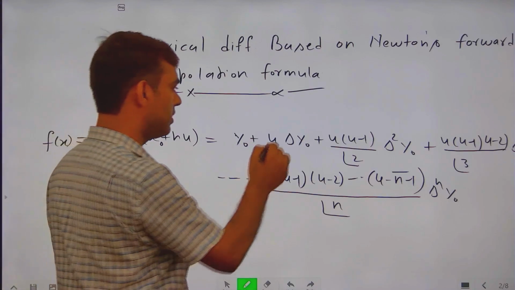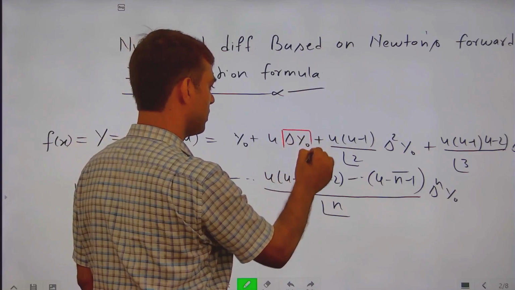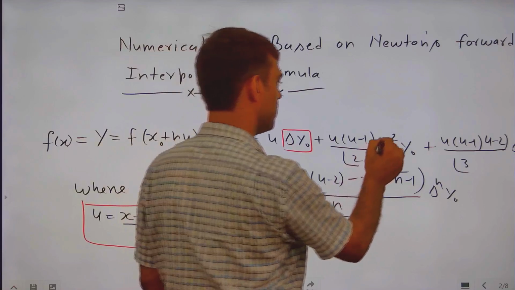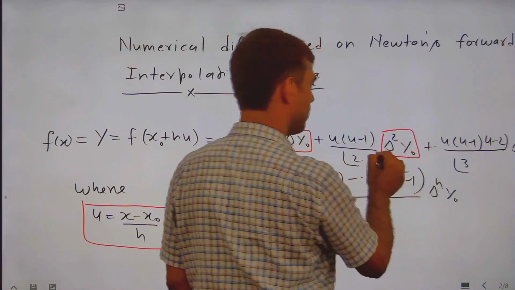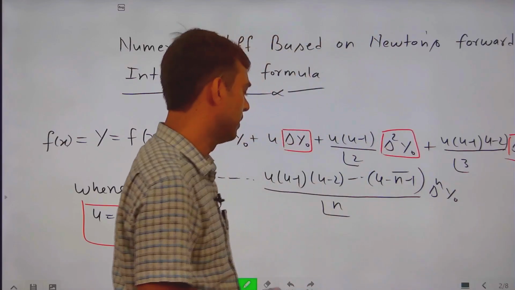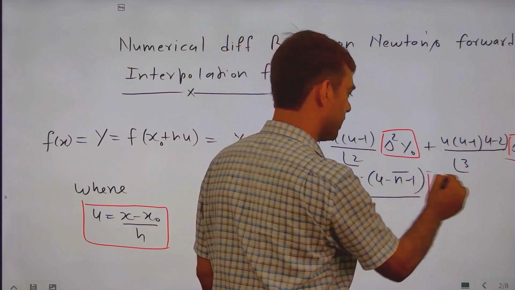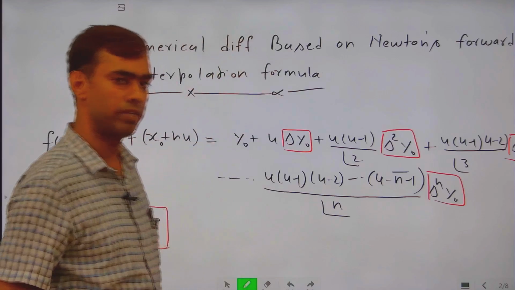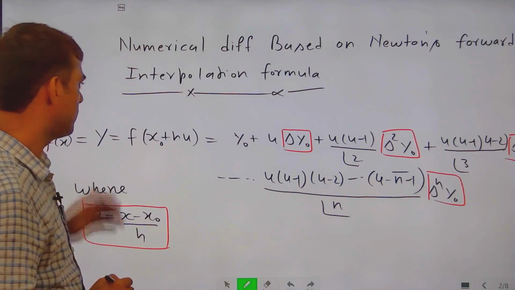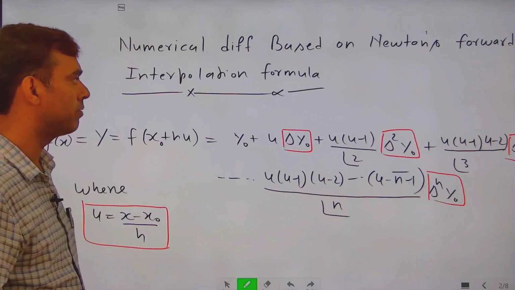And what is del y0? Del y0 is the first order forward difference, del 2 y0 the second order forward difference, del 3 y0 the third order forward difference of the first term, and del n y0 the nth order forward difference of the first term. Now, what is the value of dy by dx?